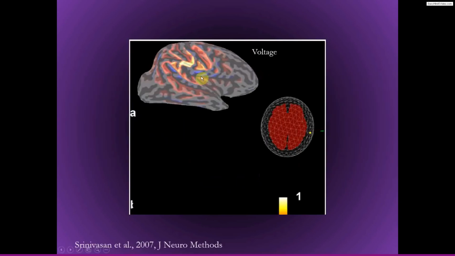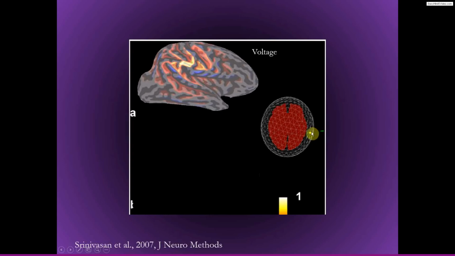So here you see an image of the estimate of the activity in the brain that is contributing to the activity recorded from a single electrode. This is the brain, and this is a mesh around the brain, and you imagine this one electrode here. What this picture is showing is the estimate of the amount of brain tissue, and with which strength, that is contributing to the signal recorded from this one single electrode.